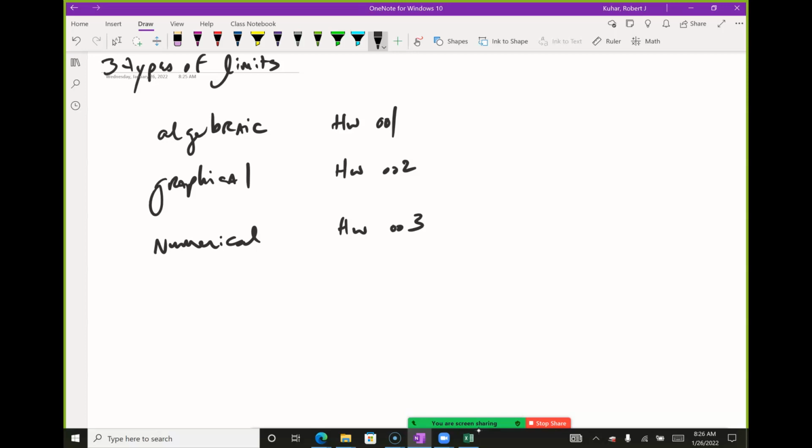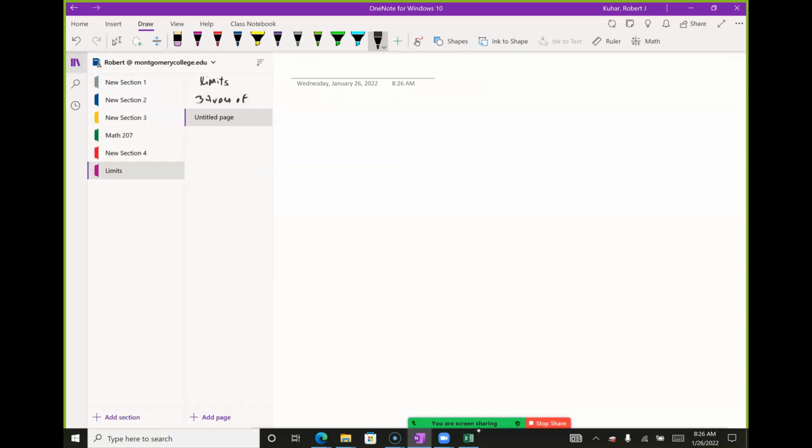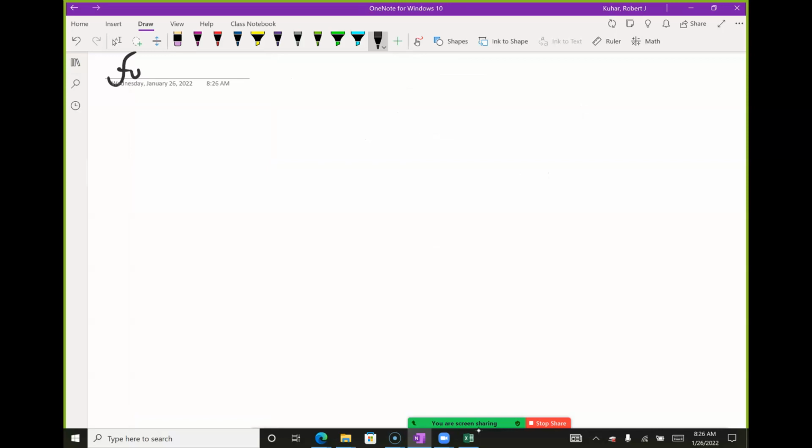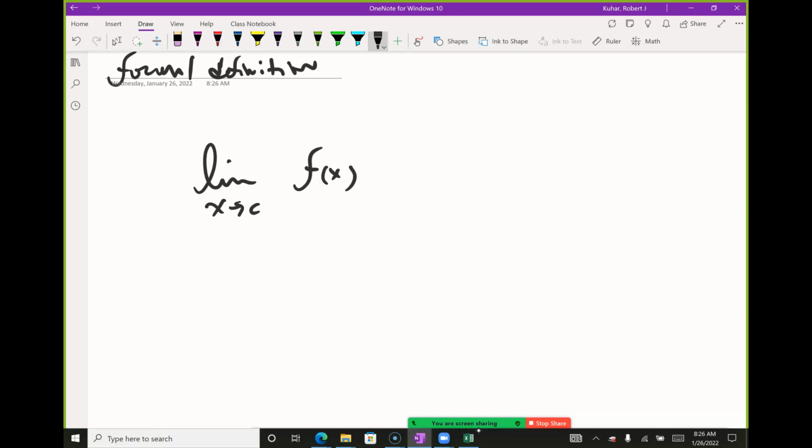Before I do this, let me do one of these. No, I need the formal definition. So let me do this formal definition again. It says that the limit as x goes to c of f of x equals L if and only if.